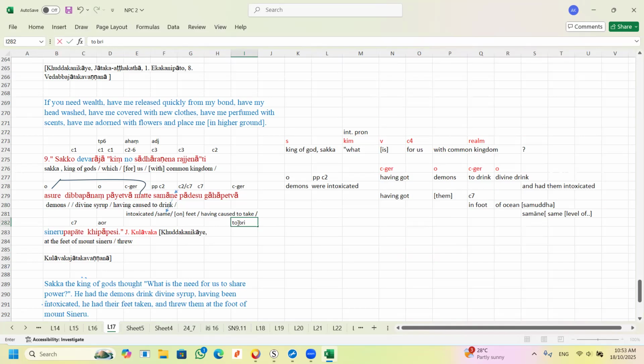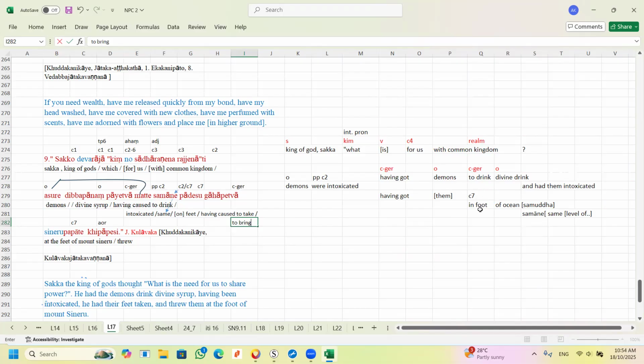In this case, it's not take or bring, because initially the Saka and the Deva, the Saka and the Asura, they stay in the same realm, and then when they get intoxicated, the Saka, all the Devas take this Asura and they put it to one place. Apparently, it's near to the ocean there.